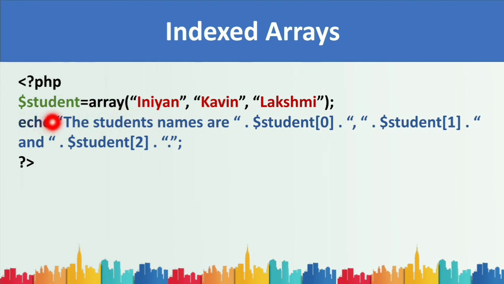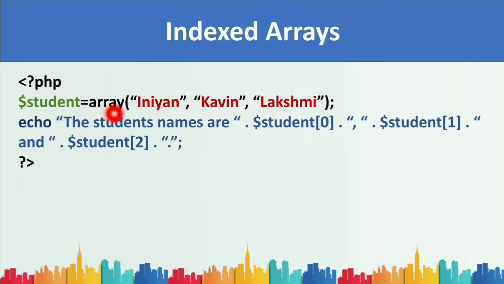So $student is equal to array. Inside the brackets we have 3 values, and all the values are strings, collections of characters or alphabets. Strings should be enclosed within double quotes, each value is separated by a comma, and finally we end the line with a semicolon.